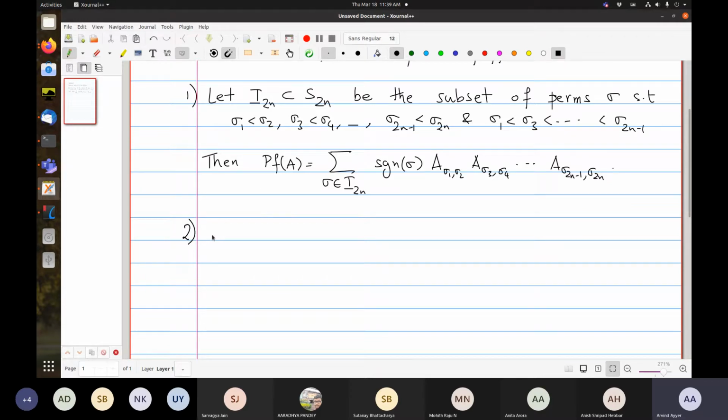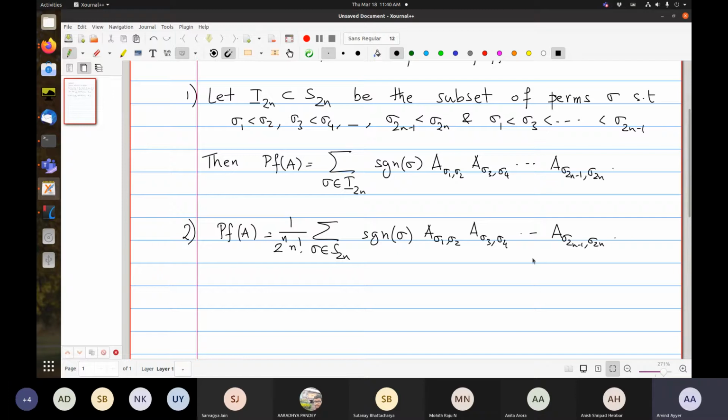The second one is that you can write directly the Pfaffian of A as a sum over all permutations in S2n, with the same terms as above, A sigma 1 sigma 2, A sigma 3 sigma 4, dot dot dot, A sigma 2n minus 1 sigma 2n, and what you will have is this extra factor of 2 to the n.